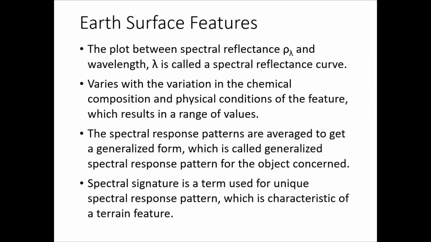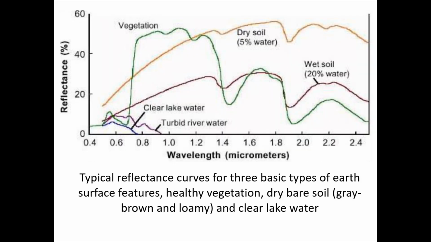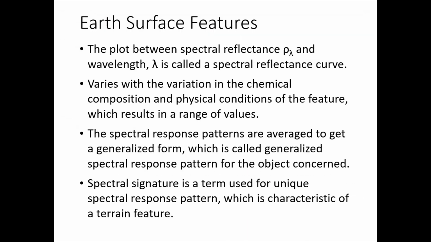But within that particular feature, as we saw yesterday, for different vegetation, these spectral reflectance patterns can be different, which can be used to identify different species in that vegetation, right? So those different spectral reflectance patterns or curves for specific features, it's called a spectral signature. So that will be unique. It's a unique spectral response pattern for a particular terrain feature.